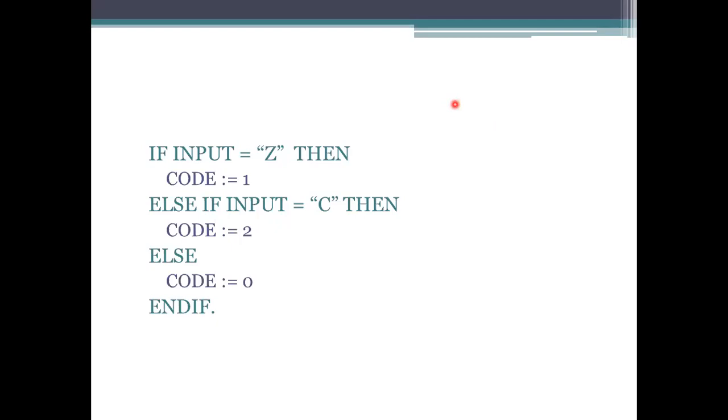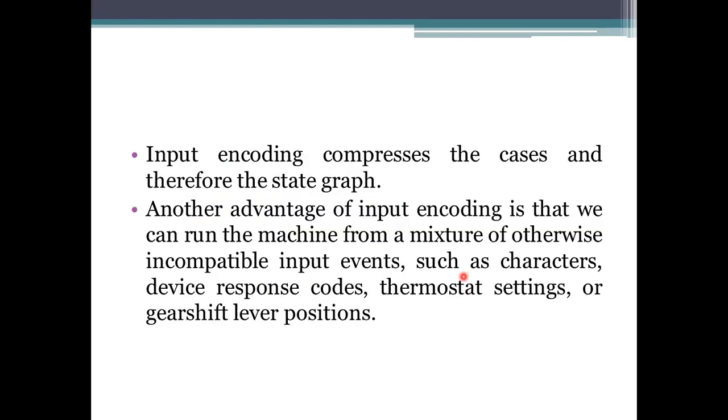Normally, say if A equals A, or in cases like that, we take such values, and we are specifying these input codes. These input codes help us compress the cases, and the advantage here is that the machine will not run in a time-consuming way.